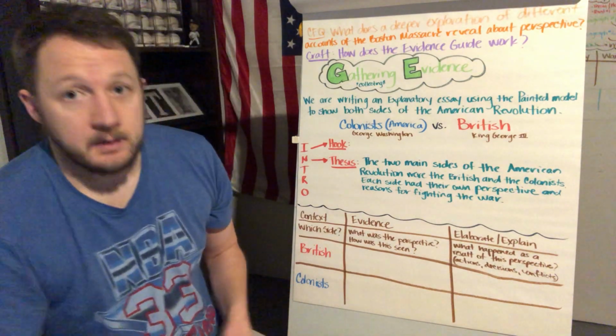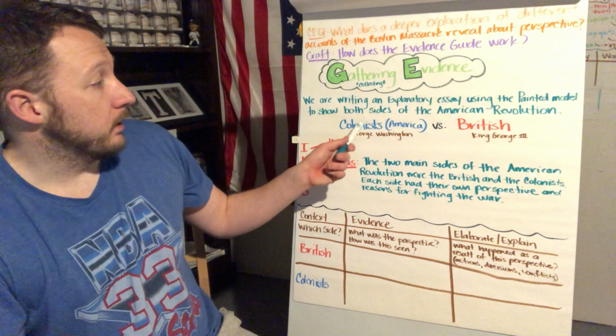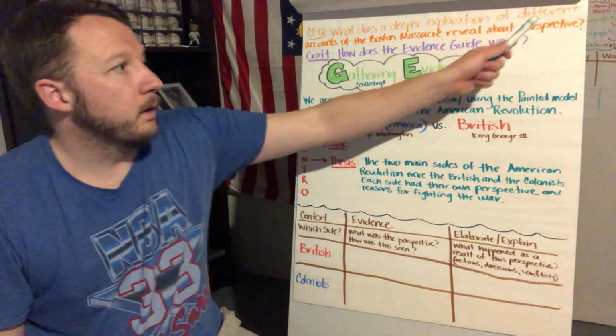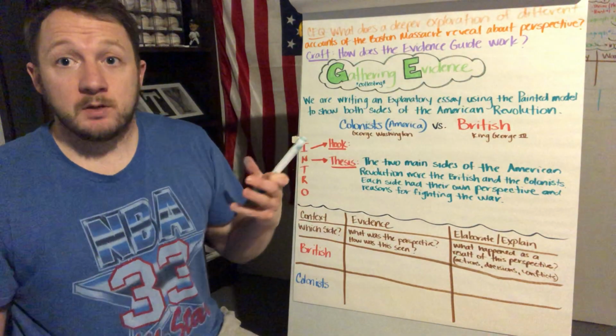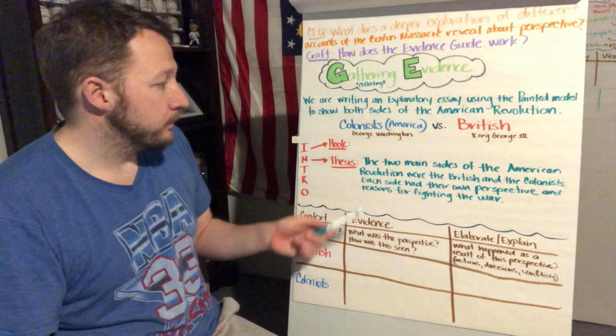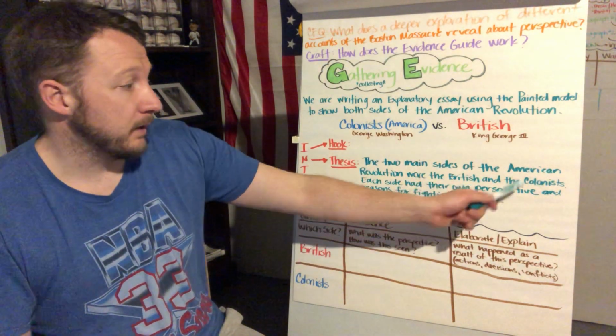And that is our thesis because it covers everything that we've been talking about. It covers that we talk about both the colonists and the British, but it also talks about perspective because that's what this whole unit is about. Two different points of view and how they can cause a conflict. So the two main sides of the American Revolution were the British and the colonists.